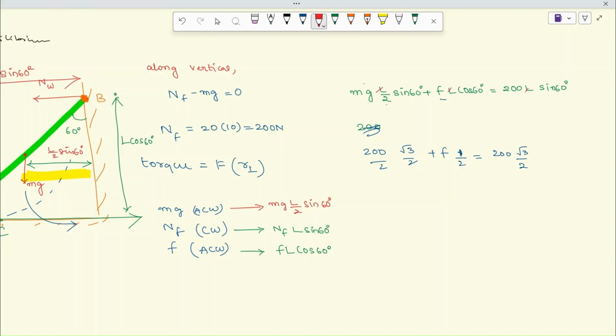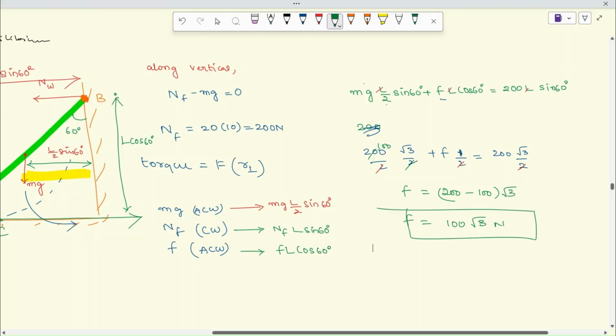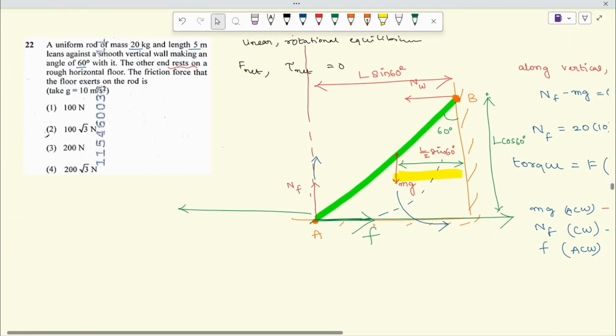Again you can see 2 common in all the denominators, cancel that. So now finally what is remaining? F is equal to 200 root 3 minus, here this is 100 root 3. So 200 minus 100 into root 3. So F is 100 root 3 Newton. That's all. This is the friction. So 100 root 3. Option is second one.